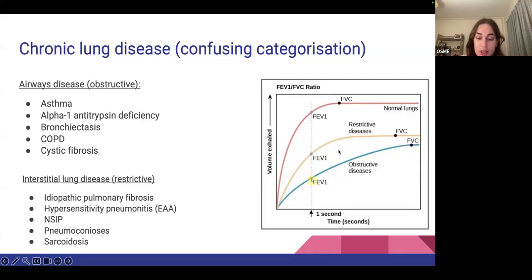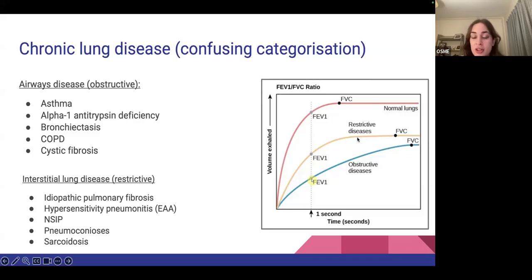In restrictive diseases, this is broadly the same, because although the FEV1 drops, the FVC also drops, because they've got crunchy lungs that aren't able to expand or contract anymore. But the actual airflow is not obstructed by something being in the way. The issue isn't in air getting in and out; it's just that the volume that goes in and out is less than normal.